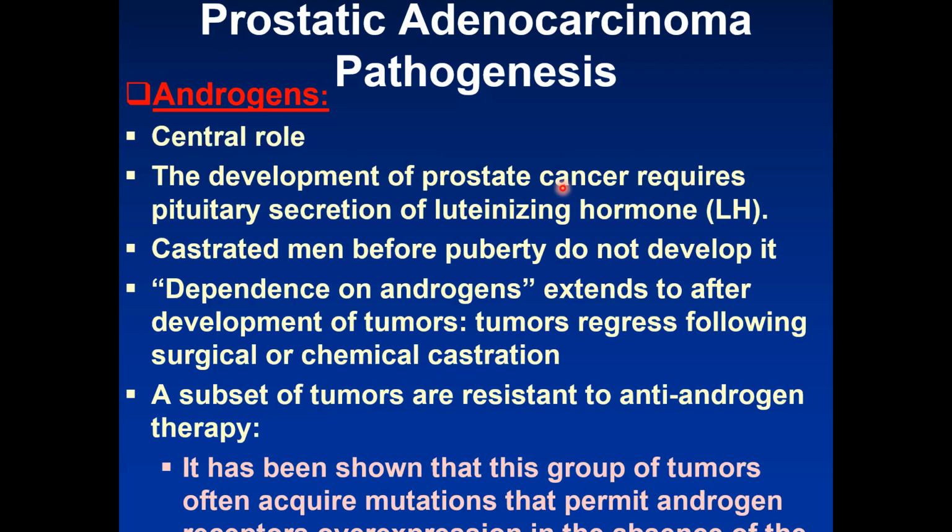Now, someone who has read so much into medicine will come to you and tell you, doc, there is a group of prostatic adenocarcinoma patients who are resistant to anti-androgen treatment. How would you explain that? And it was found out that the majority of those cases have an activating mutation of their androgen receptors.